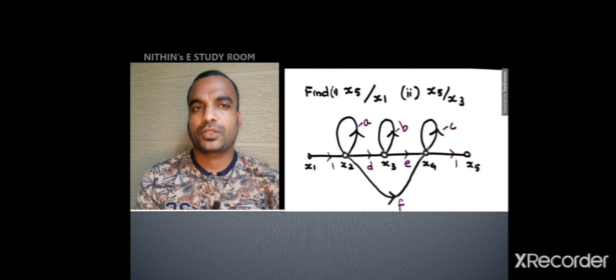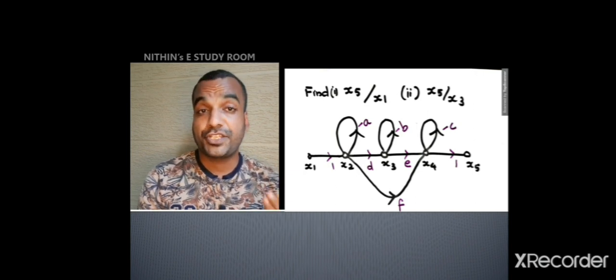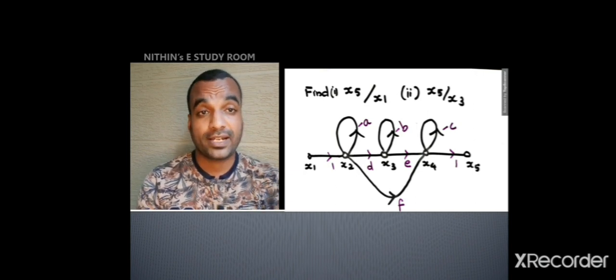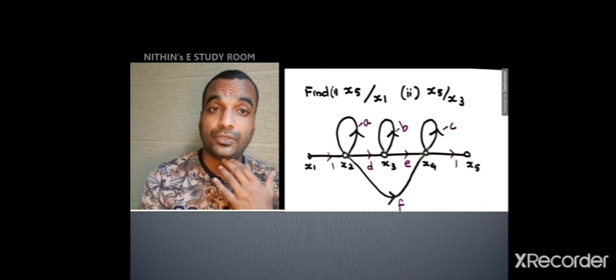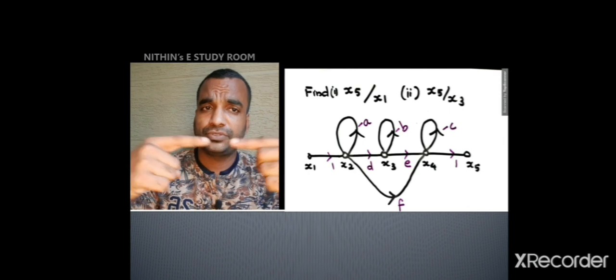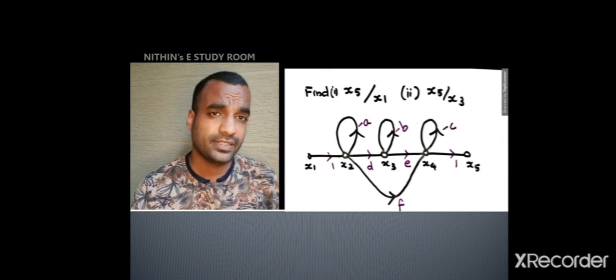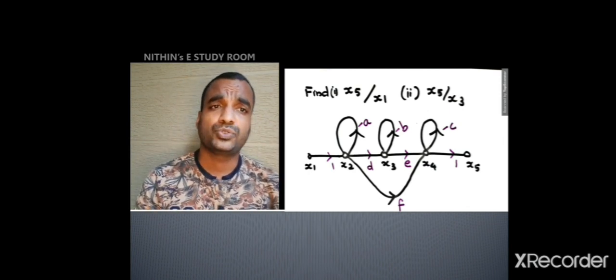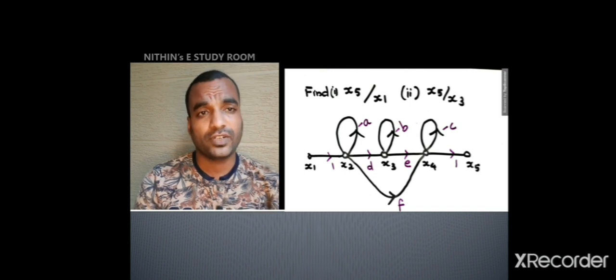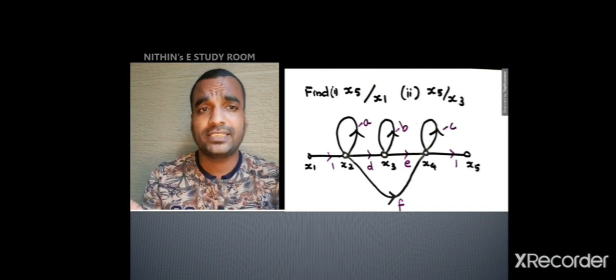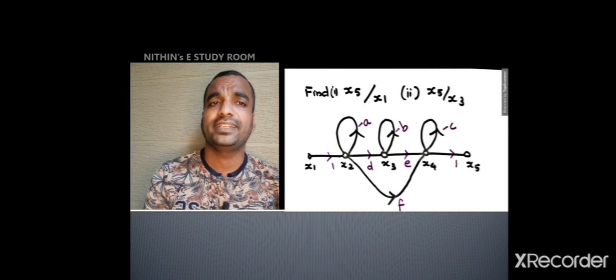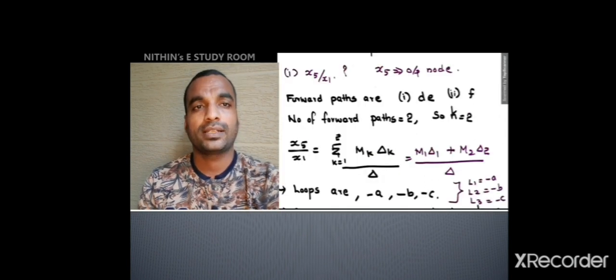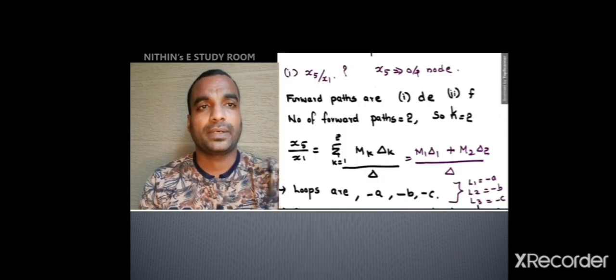In that path, you are not touching any node twice, and also the direction of the arrow marks is successive or consecutive. The arrow marks are not in opposite directions anywhere in the path. So x1, x2, x4, x5 is also a forward path, and the gain of that path is 1 into f into 1. So its gain is f. So you identified two forward paths here.